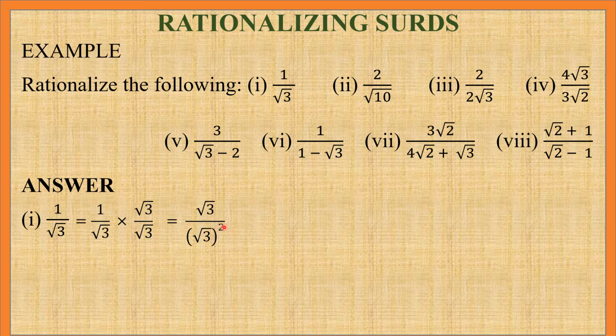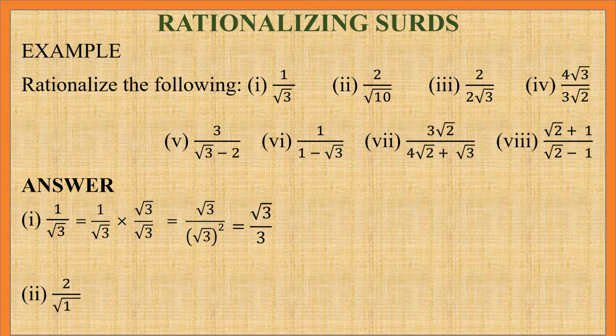Can you remember that? Or we simply say that the square will cancel the square root, leaving the denominator to be 3. So this will now be root of 3 over 3. We can see that the denominator doesn't contain any square root again, so we have rationalized the surd.